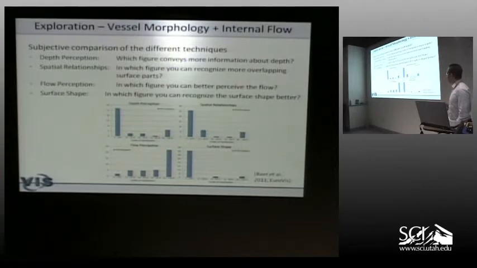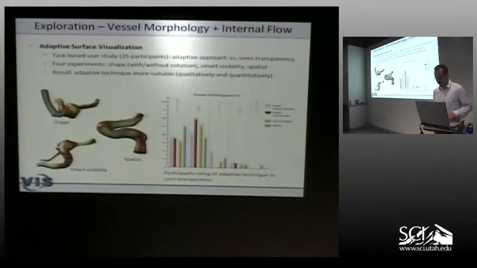In order to investigate this in more detail, we came up with a perception-based study where we asked users a couple of questions with relation to depth perception, spatial relationships, what is in front, what is behind, also flow perception and surface shape. That was Alexandra's work presented at Eurovis this year.